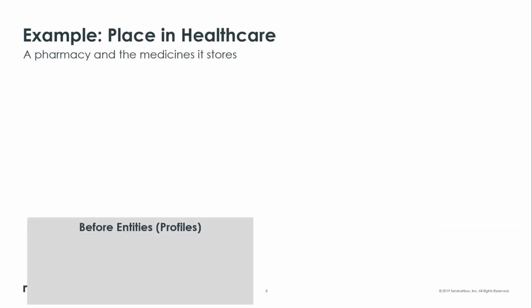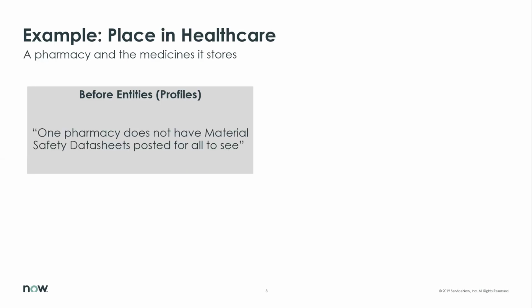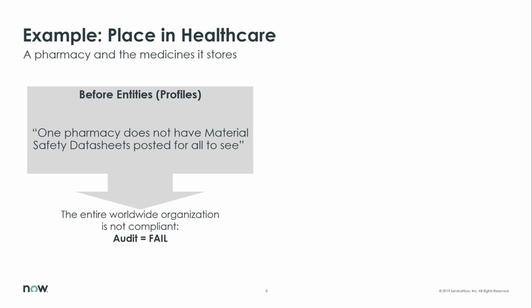Let's talk about this in a non-IT way. I was working with one organization before they had entities. They had certain requirements saying that every one of their locations that would store drugs, maybe a pharmacy, may have certain drugs on hand that have got federal guidelines, and they have to have material safety data sheets posted. Well, in this case, when you would go through a compliance activity, managing that for an organization was painful.